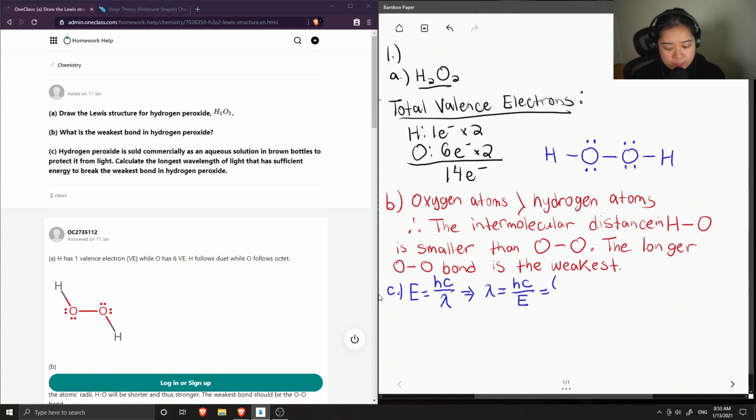So now let's just plug in all of the values. Planck's constant is 6.626 times 10 to the negative 34 joules times seconds. And the speed of light is 3 times 10 to the 8 meters per second.